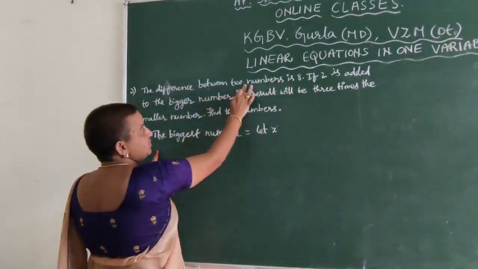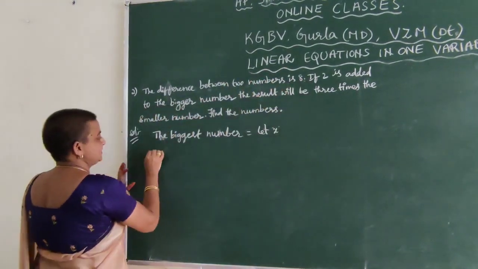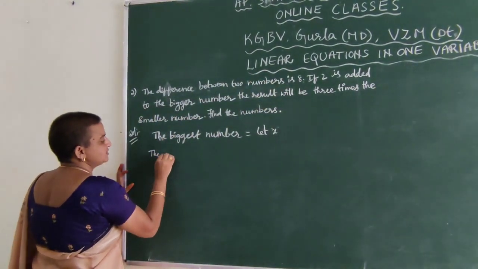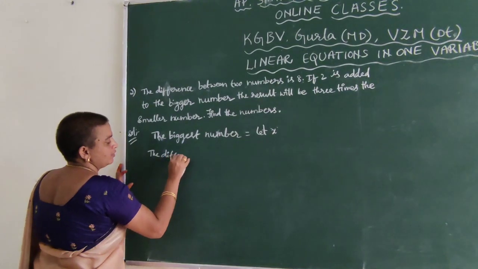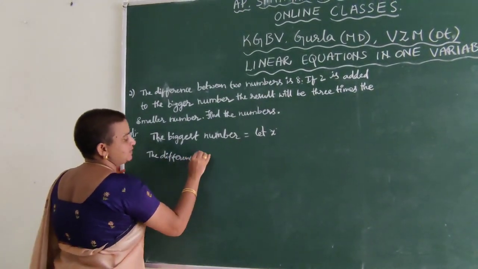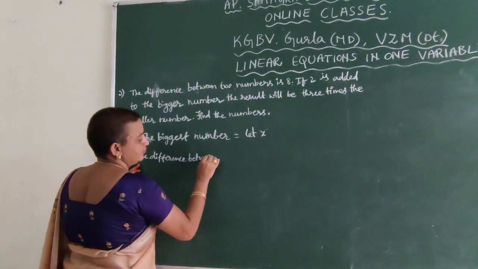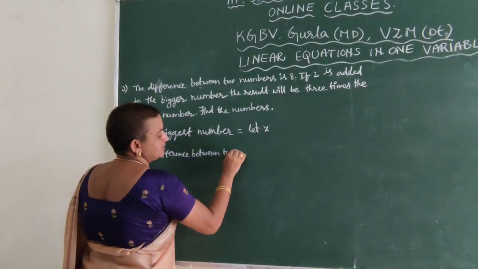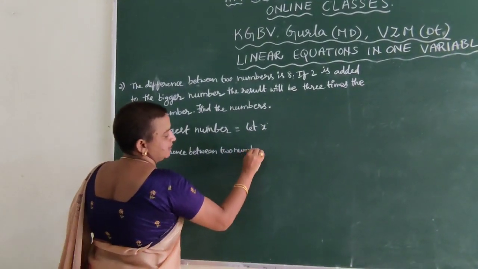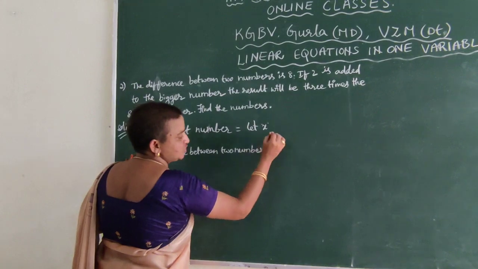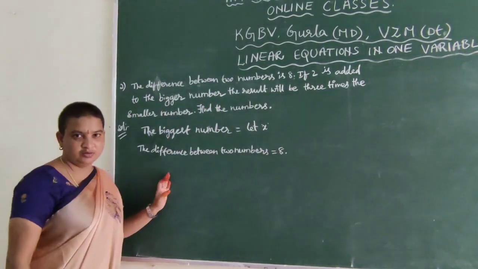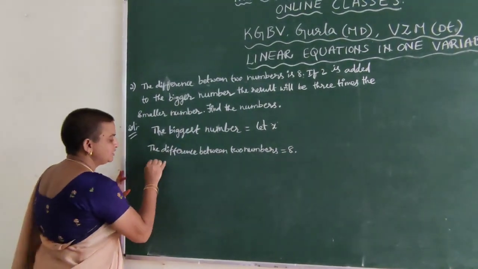The difference between two numbers equals 8.